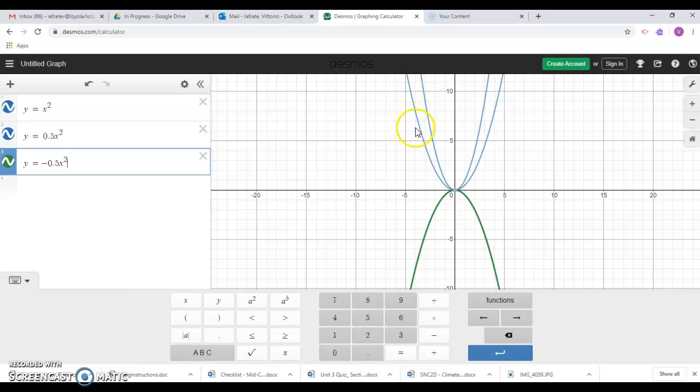Notice that my compressed, wider graph was flipped, reflected about the x-axis. Same vertex still, just compressed because it decreases more slowly in this case. I say decreases more slowly because we're going down for every value of x that we go up. It depends on which way you're describing the parabola.